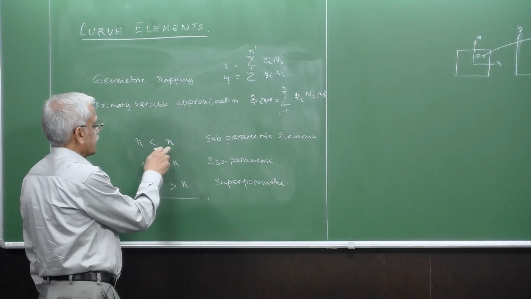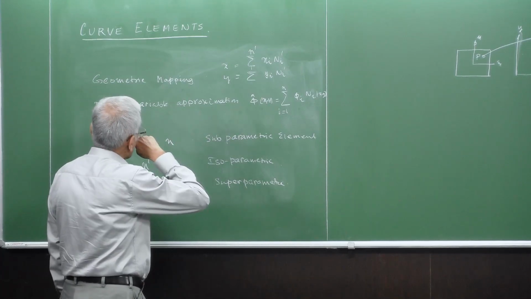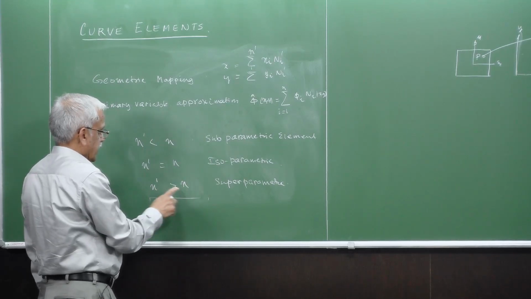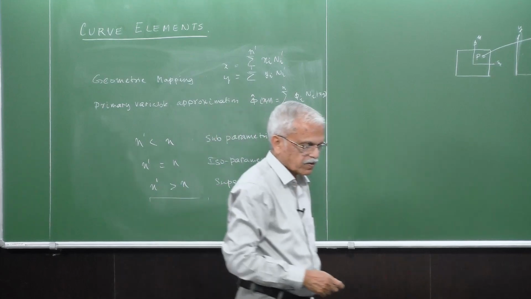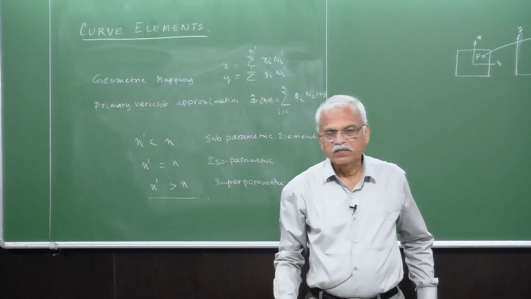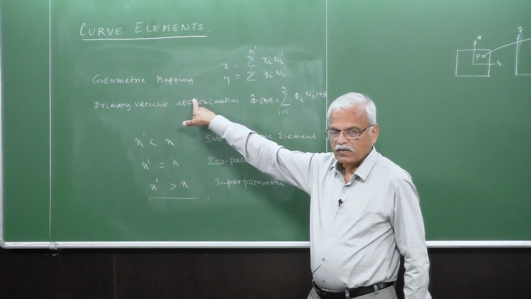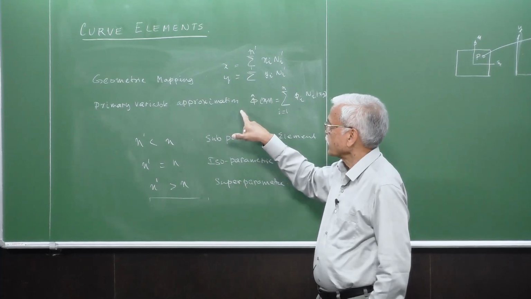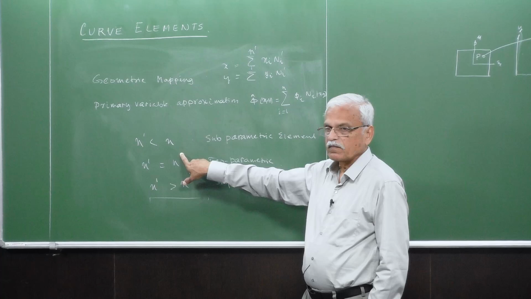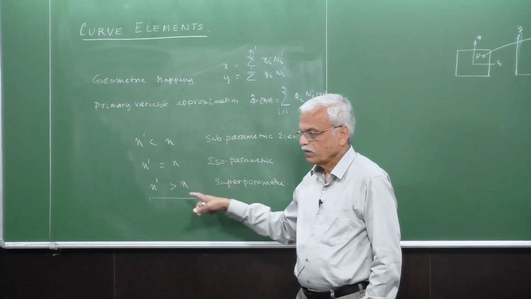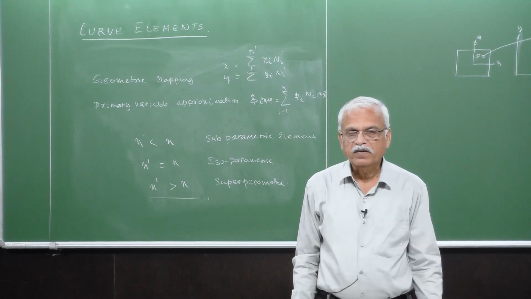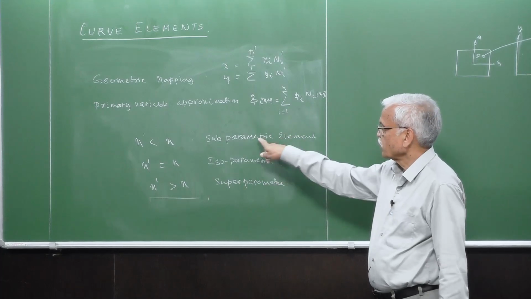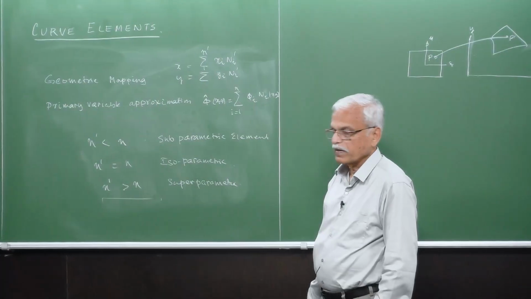If the geometry is less than the primary variable representation, then we will call it subparametric. If they are equal, it is isoparametric, and if the geometry is more, then it's superparametric. So it depends upon the complexity of the element. If the geometry is very complex and the variable is not that complexly varying a function, then we may use superparametric. Isoparametric is the most popular, where we use the same set of shape functions for both geometry and primary variable.